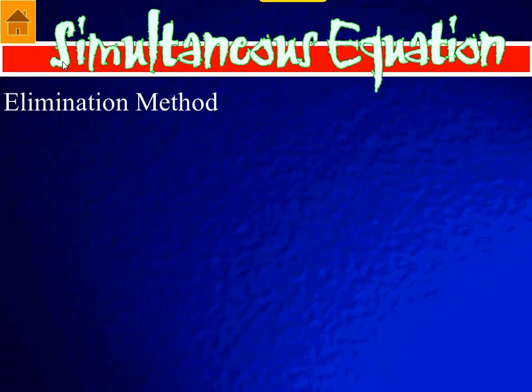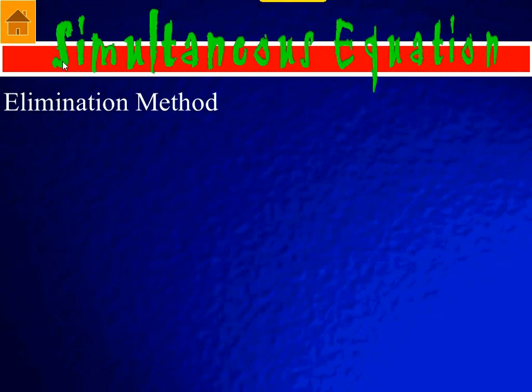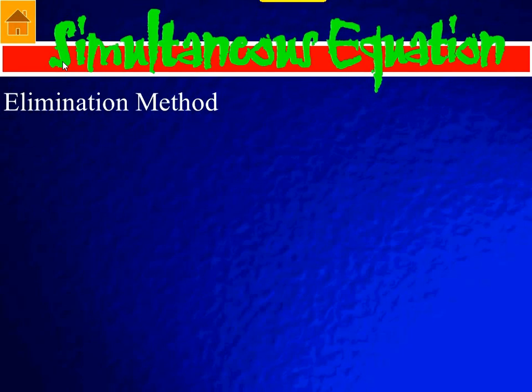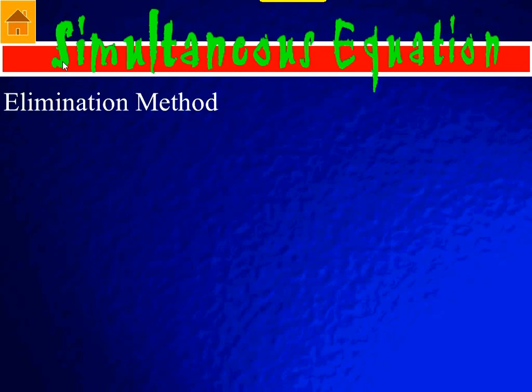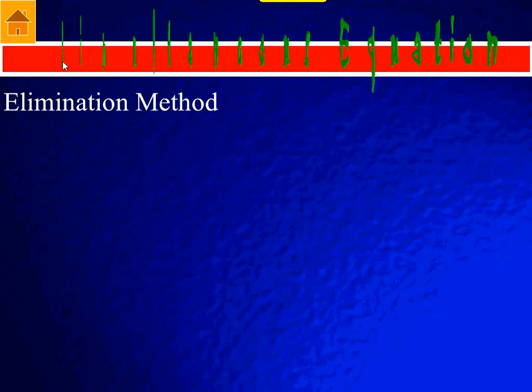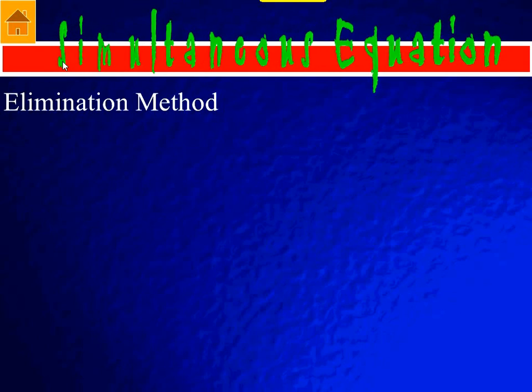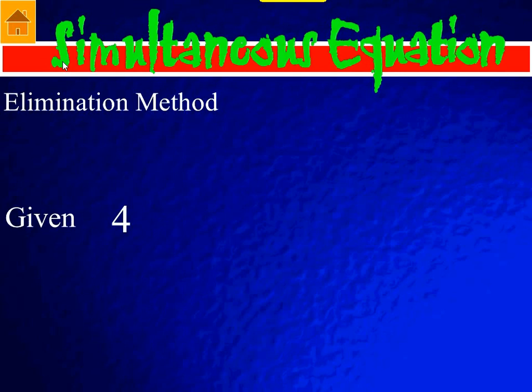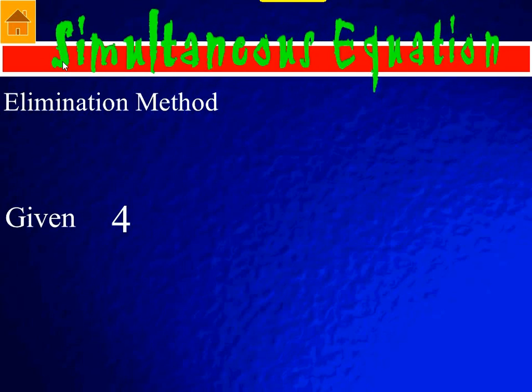Alright, so with the elimination method, as the word elimination suggests, we basically just want to eliminate something altogether, bring it down to zero, bring it down to nothing. So for example, if we are given 4, how would we eliminate 4 to bring it down to 0?